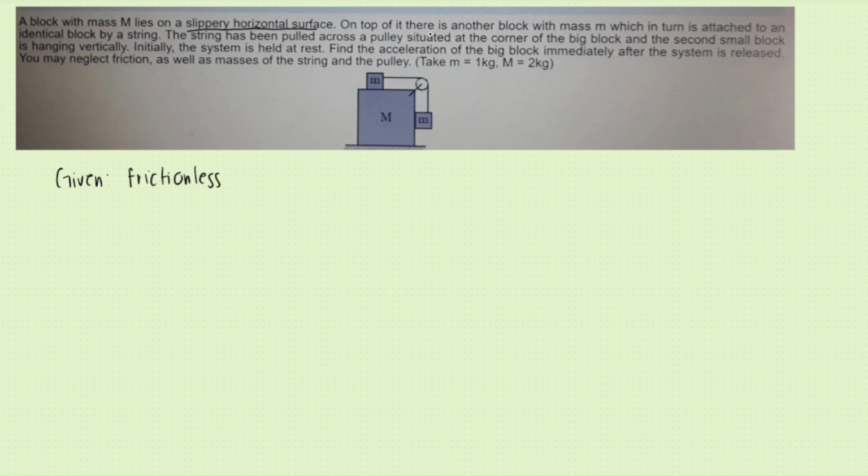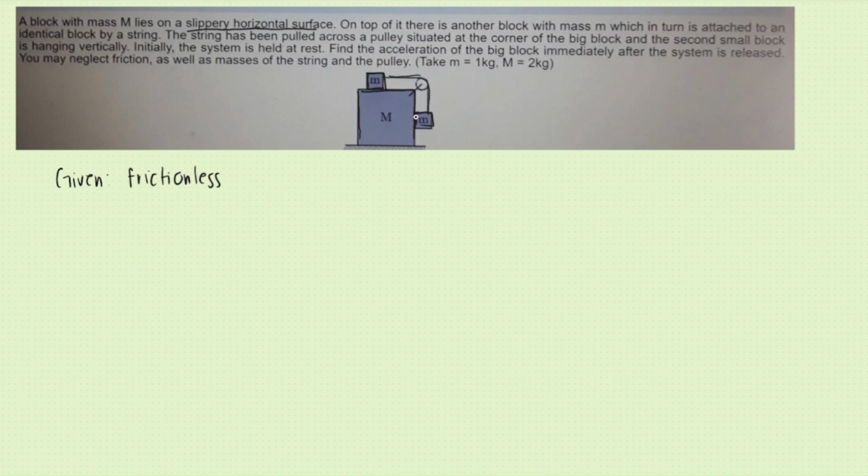On top of it, there is another block with mass small m, this one. This block with mass small m is on top of the large block with mass large M, which in turn is attached to an identical block by a string. So this is a string.